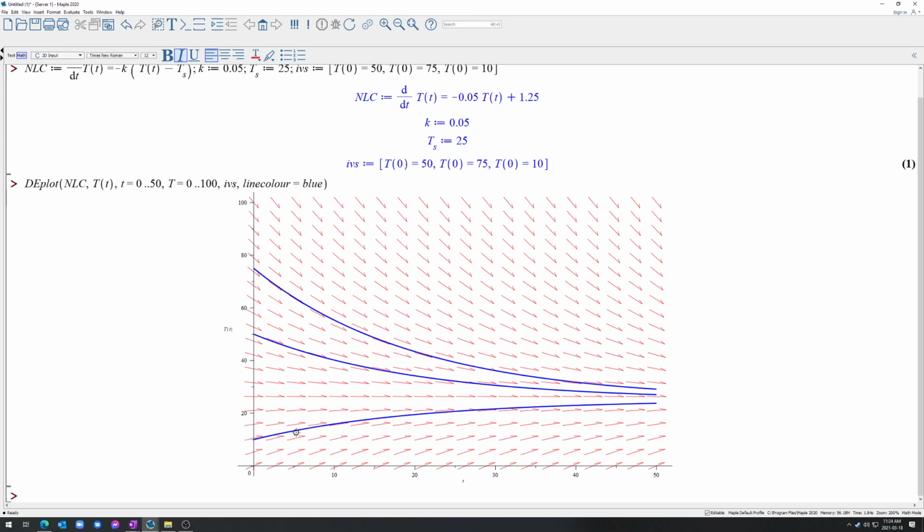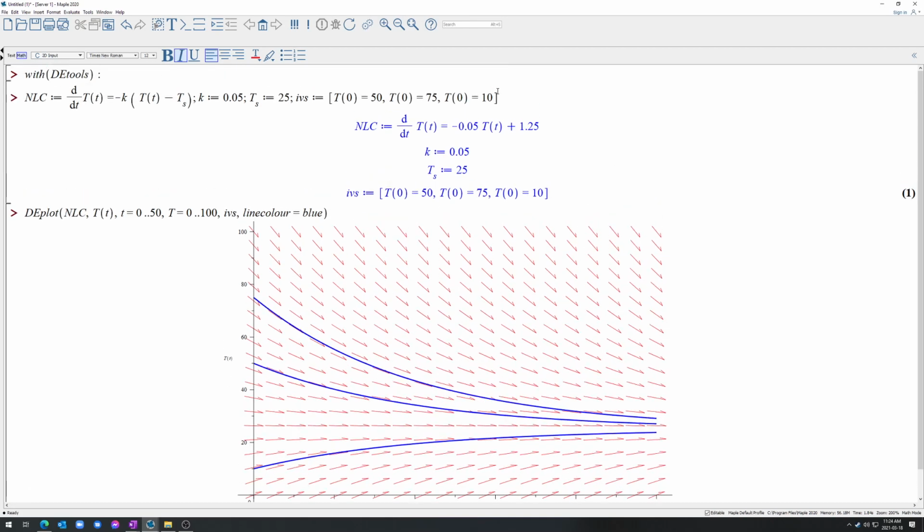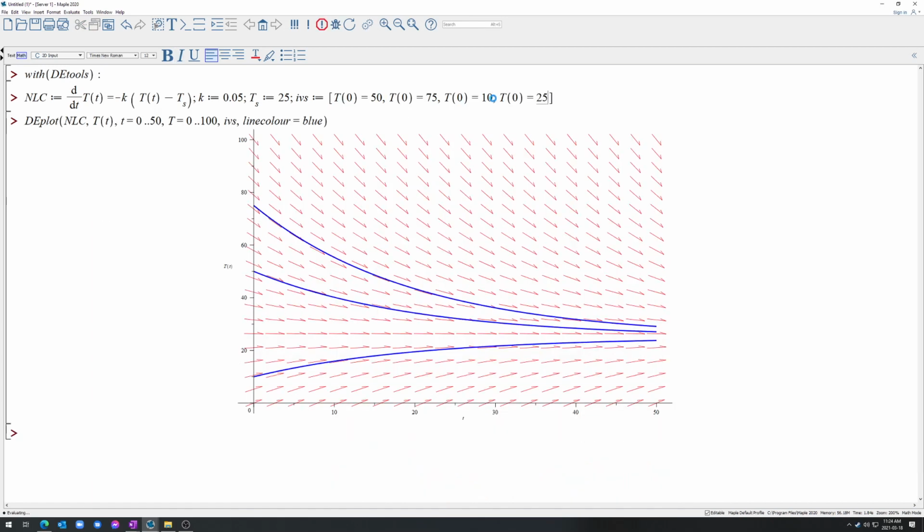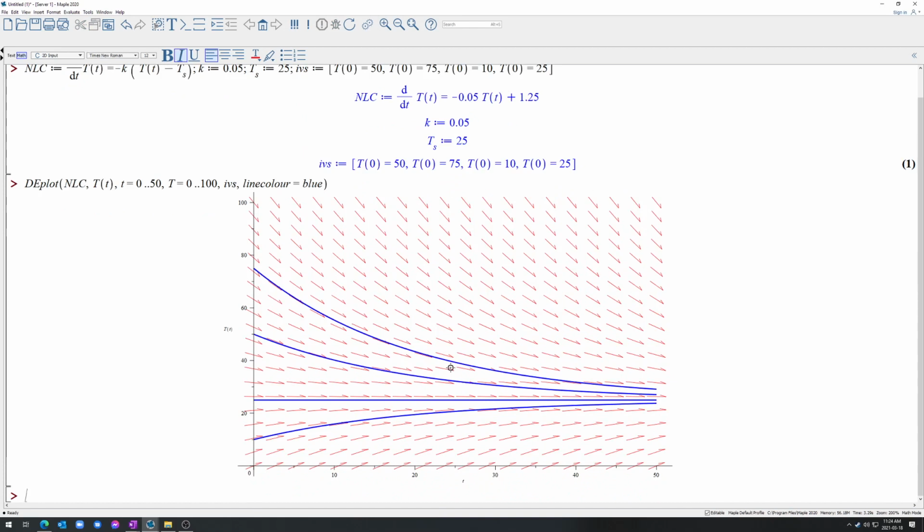Now, because everything seems to be getting closer to 25, let's plot that in there too. What is going to happen if our object starts exactly at the same temperature of the surroundings? We get a horizontal line. That's another equilibrium, but this time we would say it's a stable equilibrium because everything else around that region wants to get closer to 25. Do we have any unstable equilibriums?